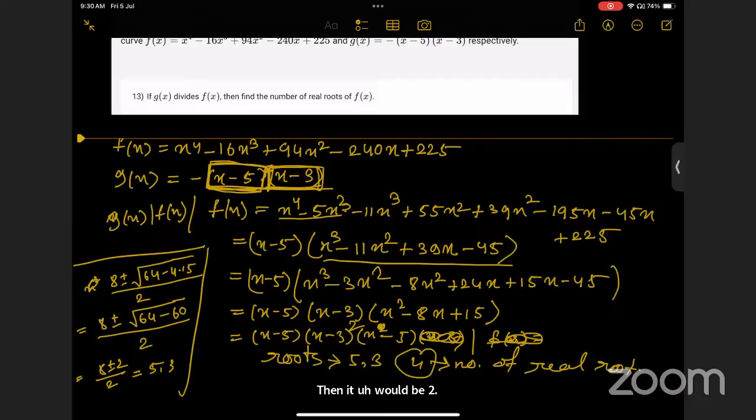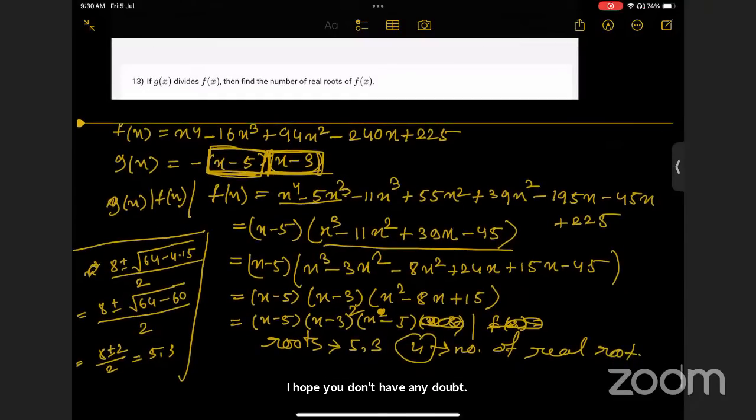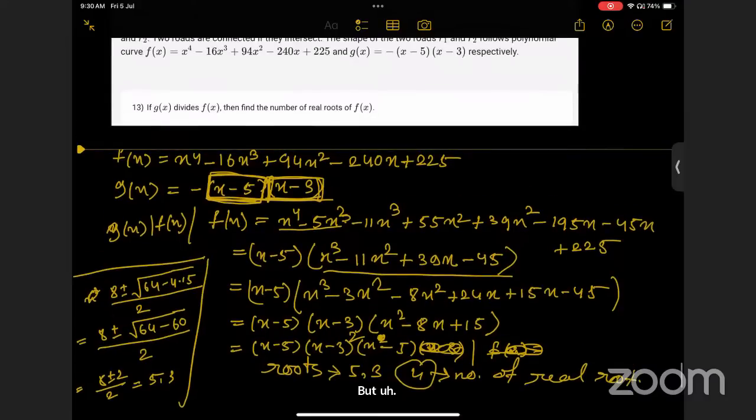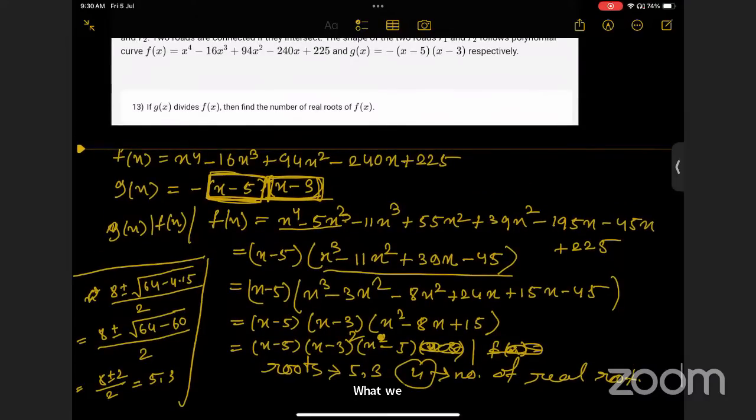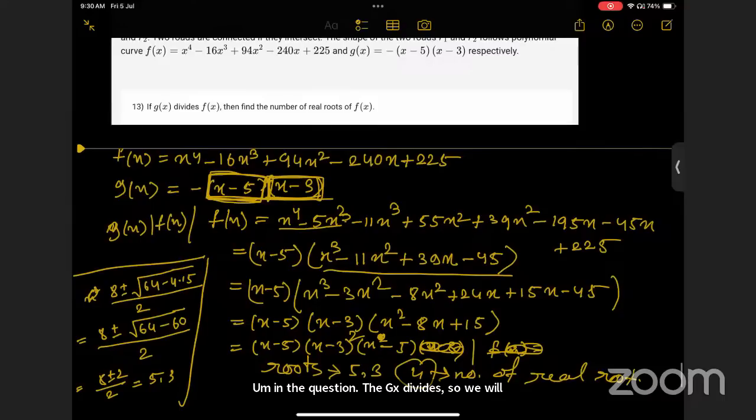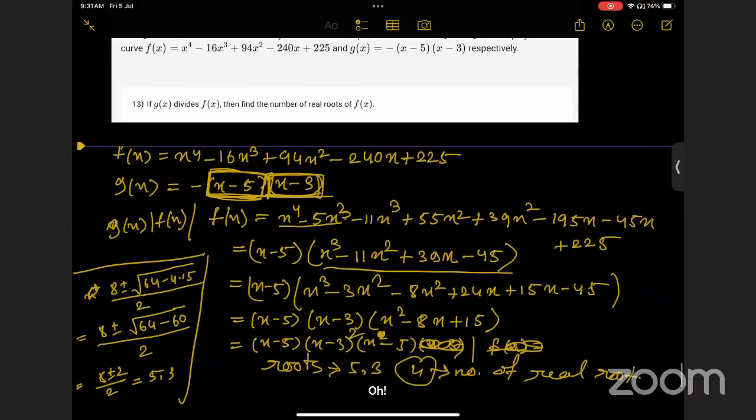So do you have any doubt? I hope you don't have any doubt. But 2, because in the question g(x) divides f(x), no? So we will divide it first and then calculate the real roots. So it will come 2. Even with that method, we are getting the total number of roots as 4, ma'am. Yes.